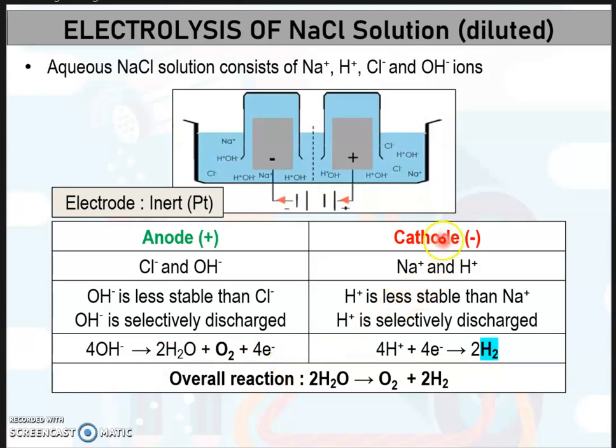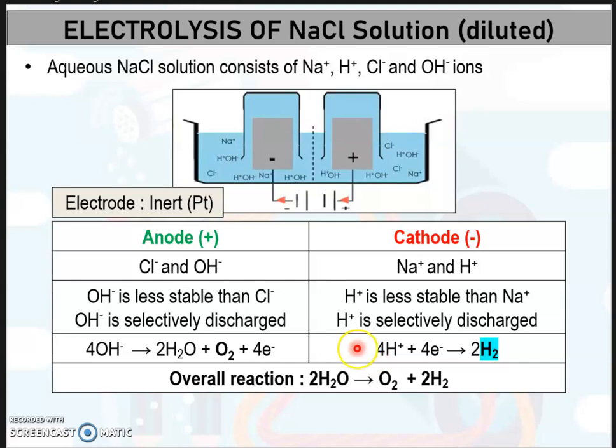At the cathode, we have sodium ion and hydrogen ion. Since hydrogen ion is less stable compared to the sodium ion, hydrogen ion will be selectively discharged at the cathode. So this is the half equation for the hydrogen ion.